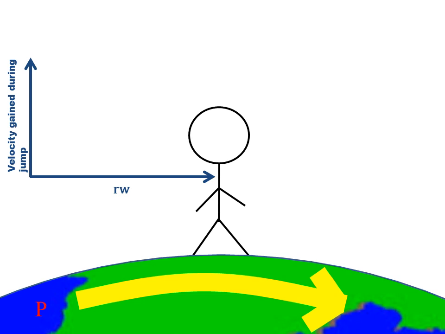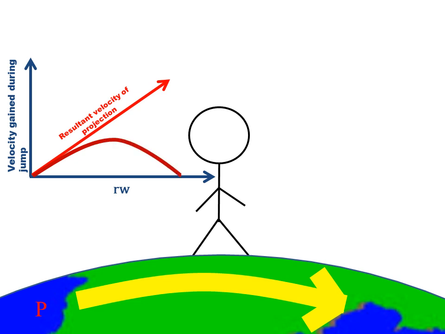So the velocity with which the man is projected from Earth's surface is not purely vertical, but it is the vector sum of these two velocities. So the trajectory of this man during a vertical jump is not exactly a straight up and down line, but it is this.